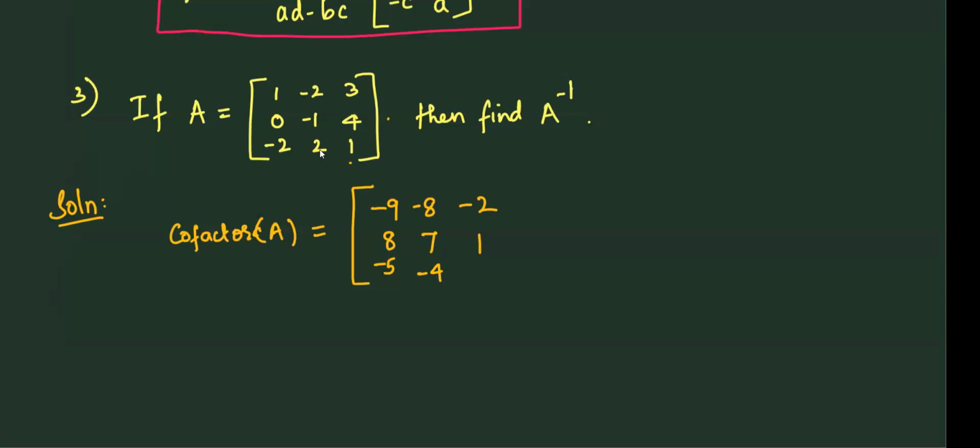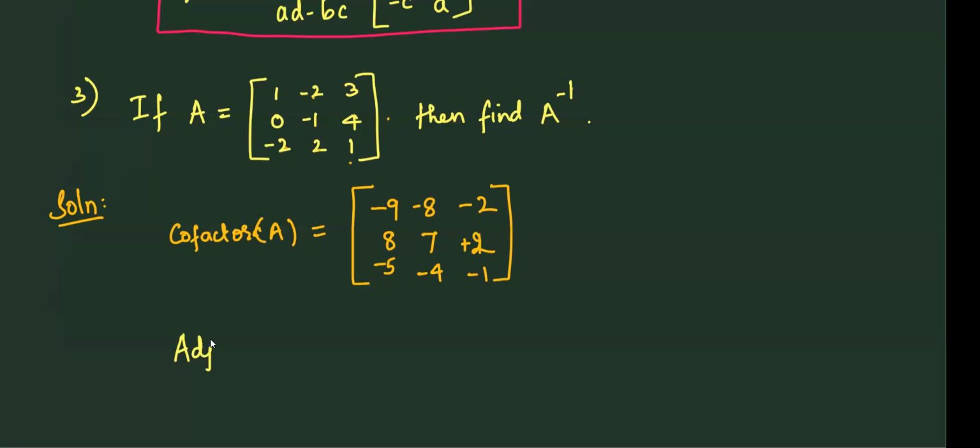Then I get 2 minus of 4, that is minus 2, with a minus sign I get plus 2. Right, you're right. Then the last one I get minus 1 minus 0, so I get minus 1. This is the cofactor.